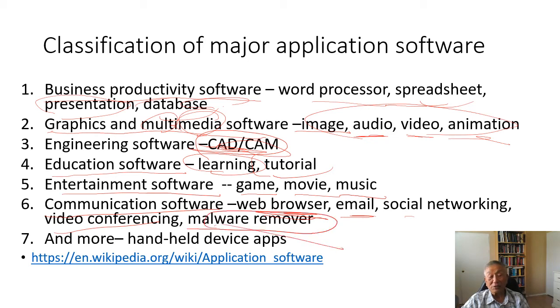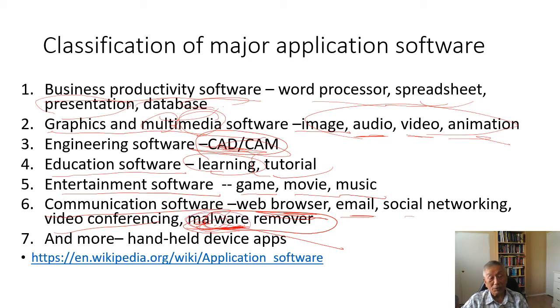Malware is a virus. Mal is bad, and ware is software. So malware is things like viruses and the Trojan. You may not have heard of it, but I'll talk about the Trojan horse in the second-to-last lecture.